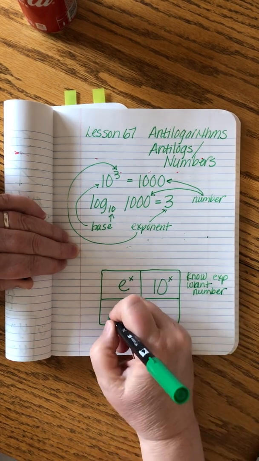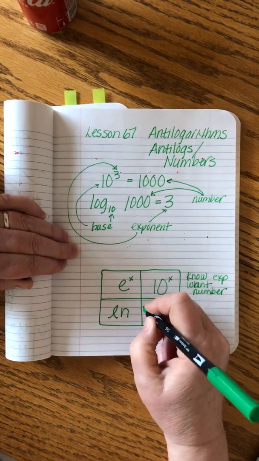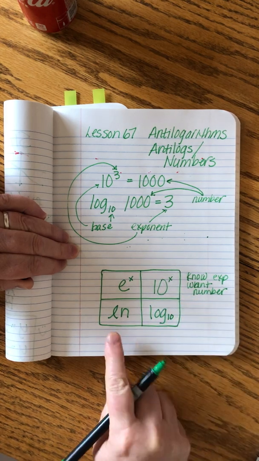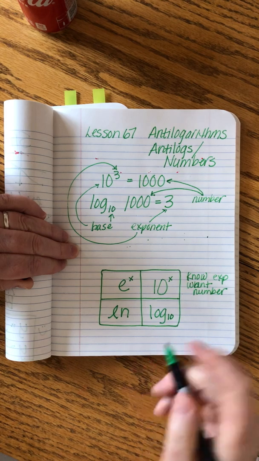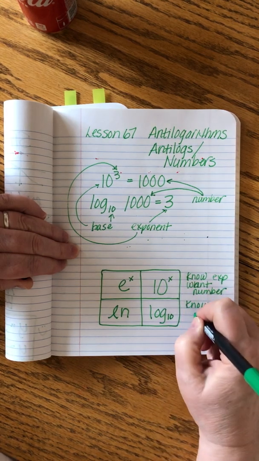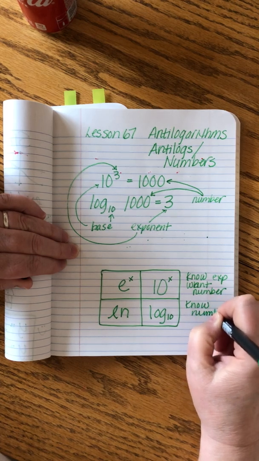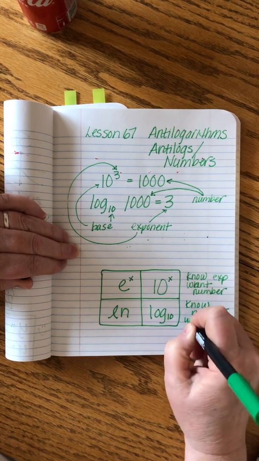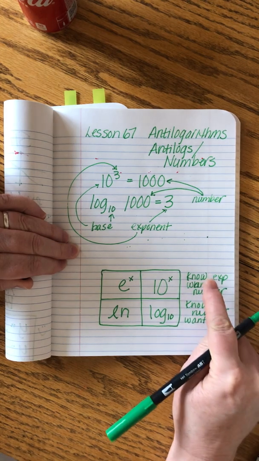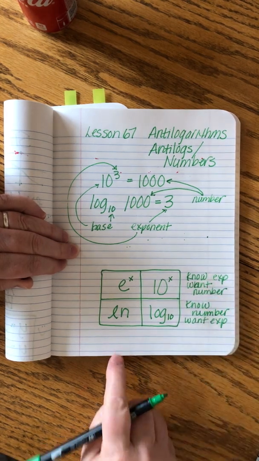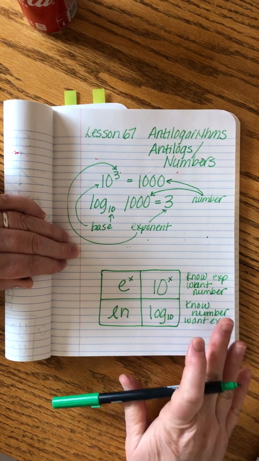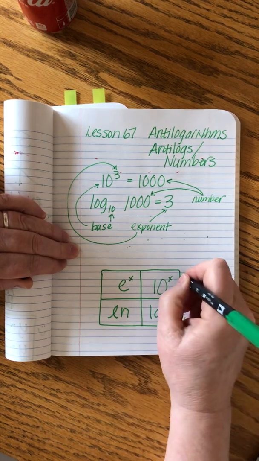As opposed to these 2 buttons, which look completely different but work exactly the same except for different bases. These buttons are what we use when we know the number and we want the exponent. Please make sure, just like everything else I write down, copy this into your notes because it will make using your calculator so much easier, okay?